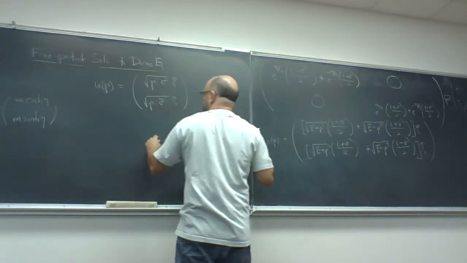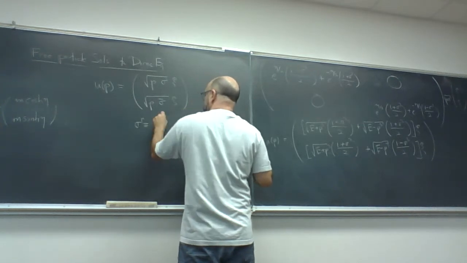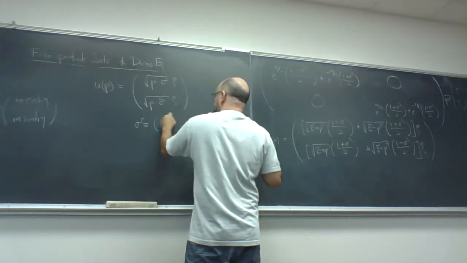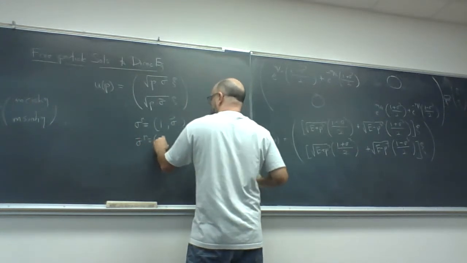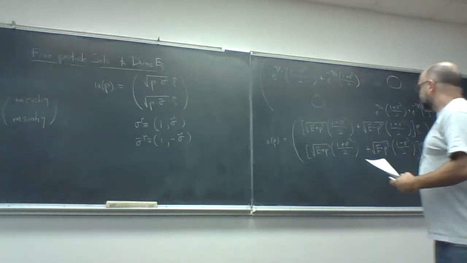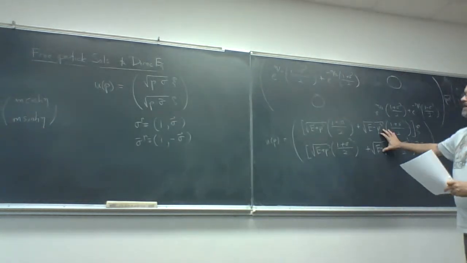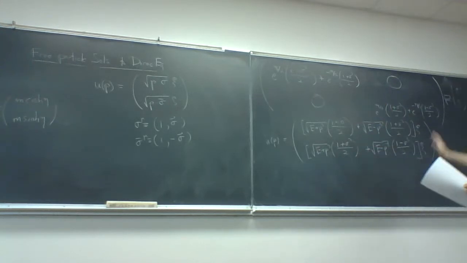These are the 4 vector sigmas. So remember, sigma mu is (1, sigma), and sigma bar mu is (1, minus sigma). I'm going to leave it as a homework exercise to go from there to there. Unbelievably, that mess can be written like that.